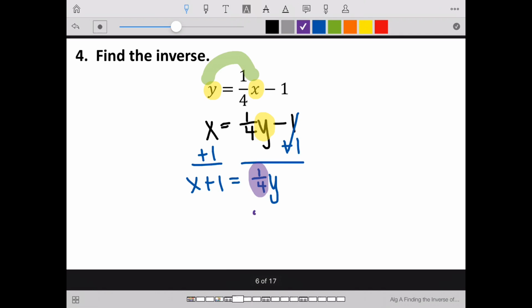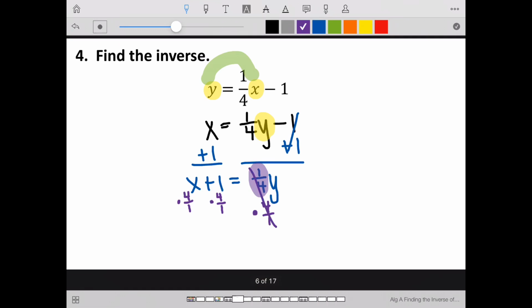So we're going to take this fraction and flip it over. 4/1. We are multiplying by the reciprocal. The same thing on the other side. Multiply by 4/1. And since there are two numbers here, I have to do it to both numbers.